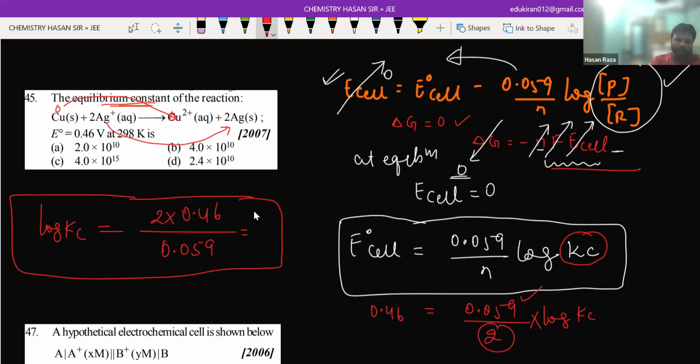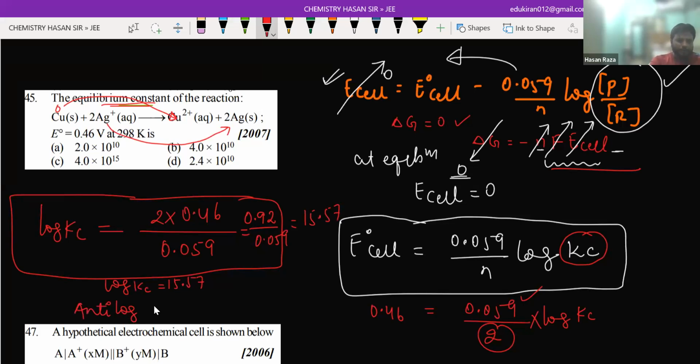Basically, if you are going to multiply it, you will get 2 6 are 12, 2 4 are 8, 9, and 200, 0.059. And if you are going to divide it, you will be getting 15.57. This is the value of log Kc, which will be equal to 15.57. And then you are going to take anti-log.